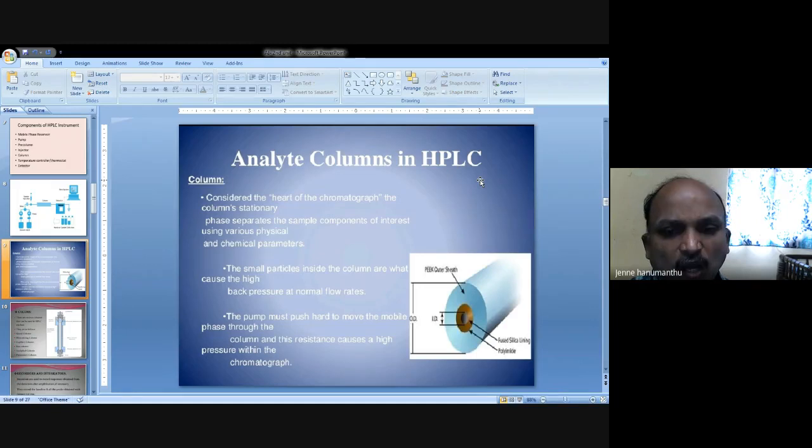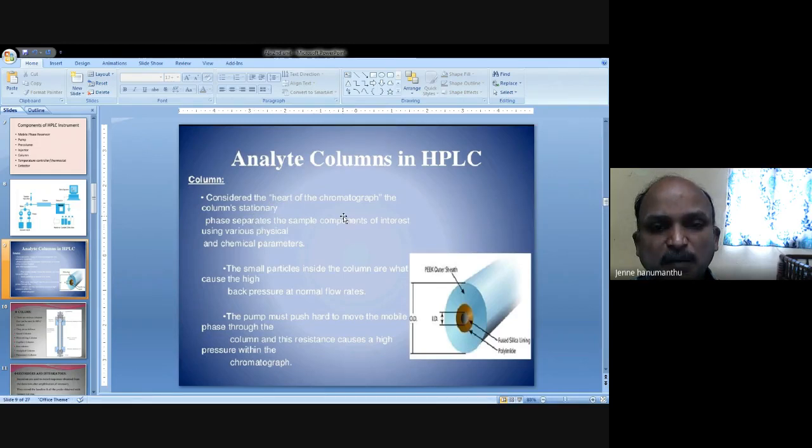This is the simple shape of the column. Consider that the heart of the chromatograph is the column. In any gas or liquid chromatography, the heart is the column, so the complete process goes on in the column. This column, the stationary phase, separates the sample components.